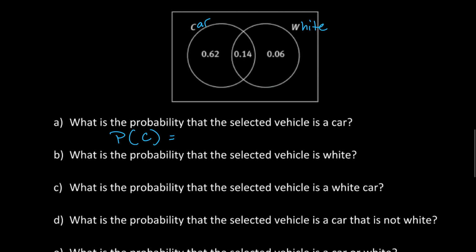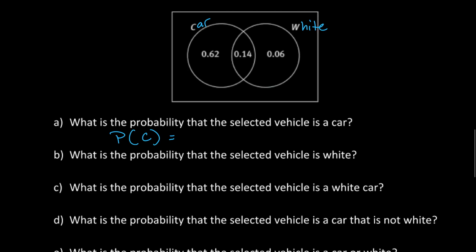Well, so we want the entire circle of car, right? Is 0.62 the only number inside our car circle? What is also another number there? 0.14. So what do you think we need to do to those? Yeah, just add them together. They already found the probabilities, so I do not need to multiply here.